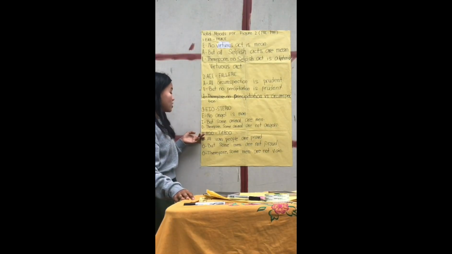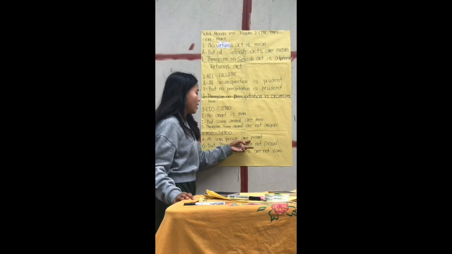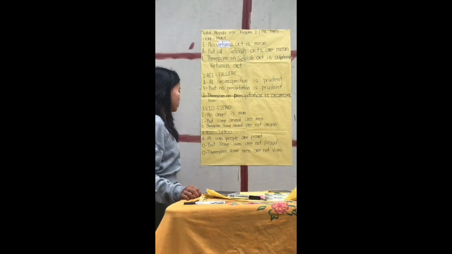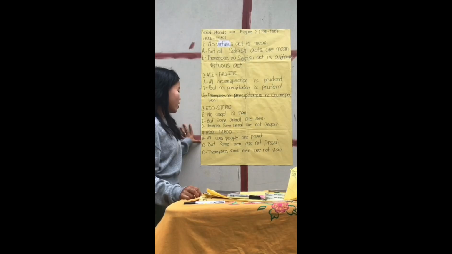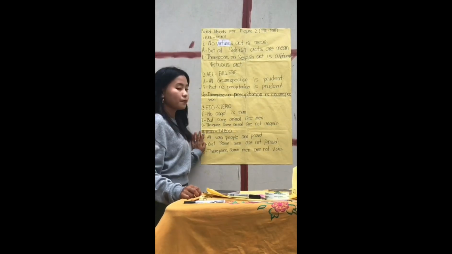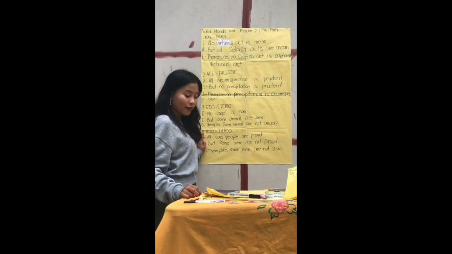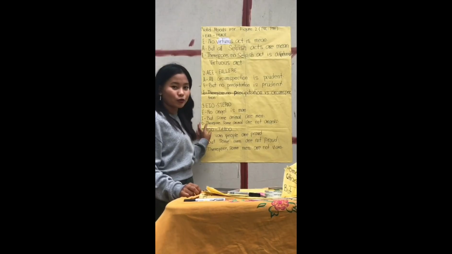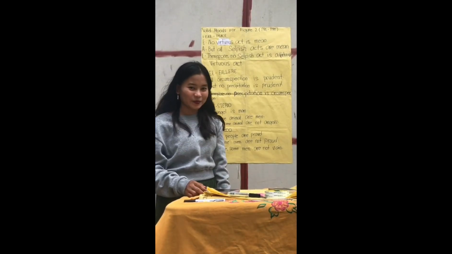So, number 4, last mode ng figure 2 is EOO. All vain people are proud, but some men are not proud. Therefore, some men are not vain. So, that's all, and thank you.